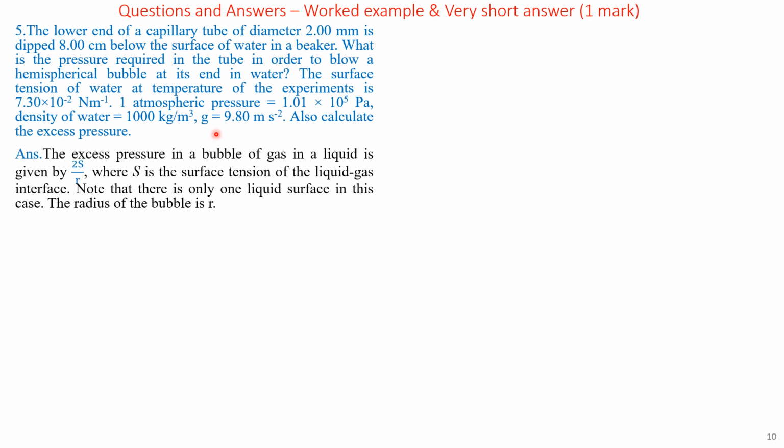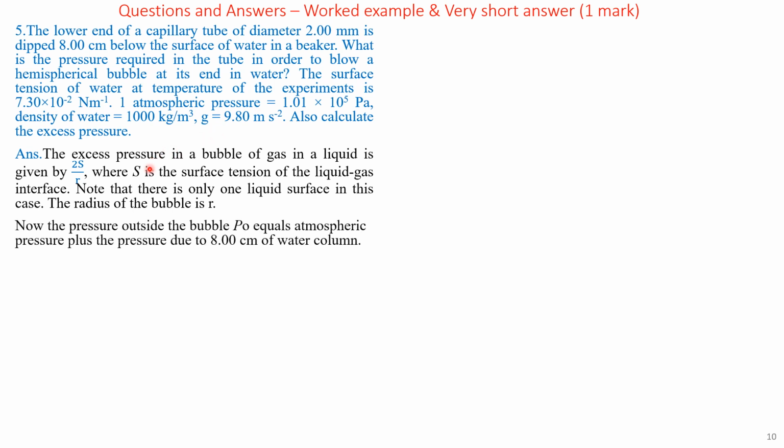Let us solve the problem. The excess pressure in a bubble of gas in a liquid is given by the formula 2S by R, where S is the surface tension of the liquid gas interface. Note that there is only one liquid surface in this case. The radius of the bubble is R. Now the pressure outside the bubble, PO, equals atmospheric pressure plus pressure due to 8 centimeters of water column.